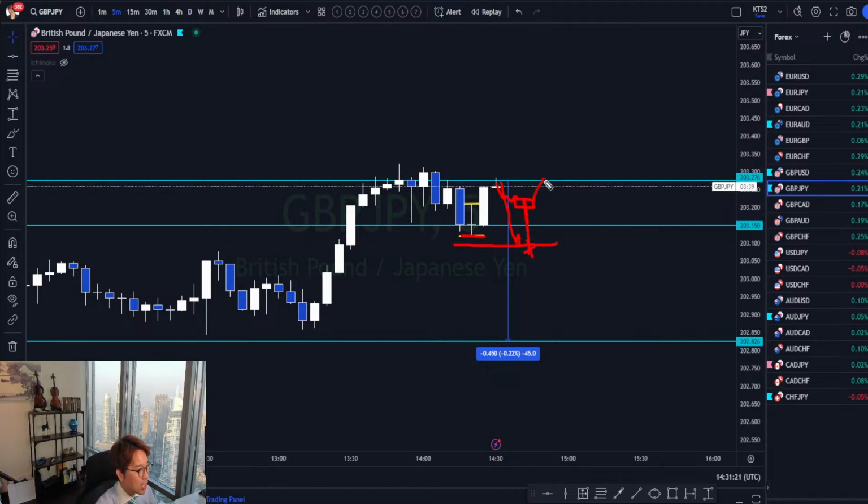Then the market may take off bullish. So that's why I don't want to put the stop loss right below the doji, but instead, if the market closes below the doji, then I prefer to exit manually.